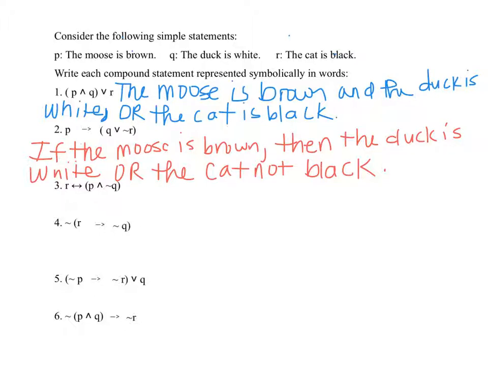So the first thing I'm saying is R, so I'm going to say the cat is black if and only if, now in parentheses, I could set this off with a comma. So the cat is black if and only if this whole thing happens. The moose is brown, and the duck is not white because I have a not Q.